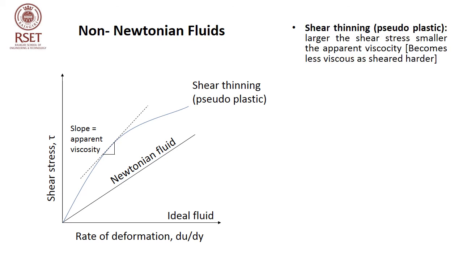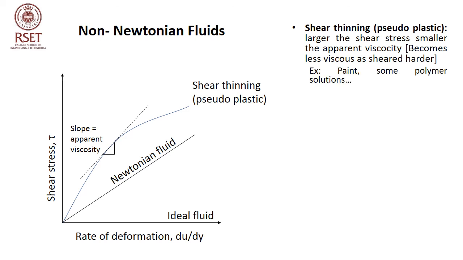Some examples of pseudoplastic: when you apply large shear stress on the body, if the shear rate is high, then viscosity becomes smaller.